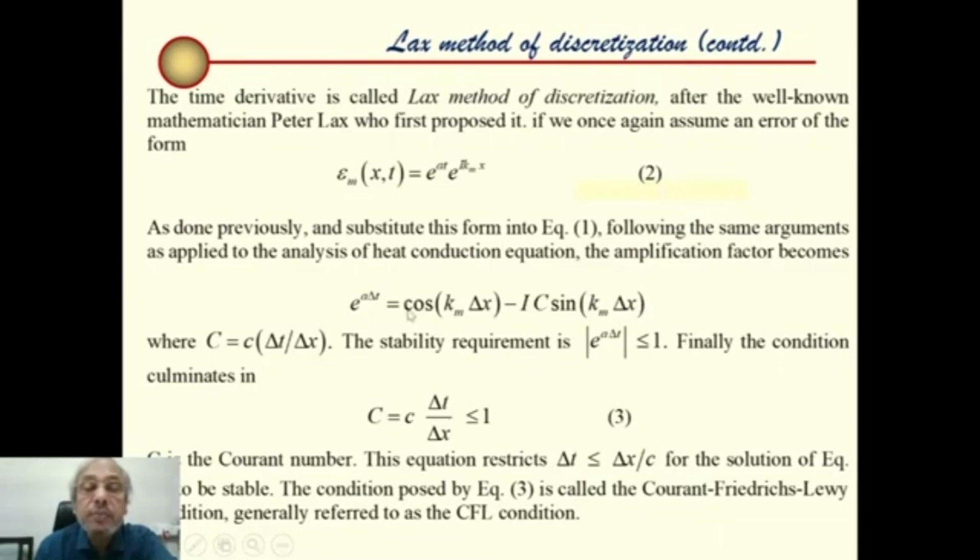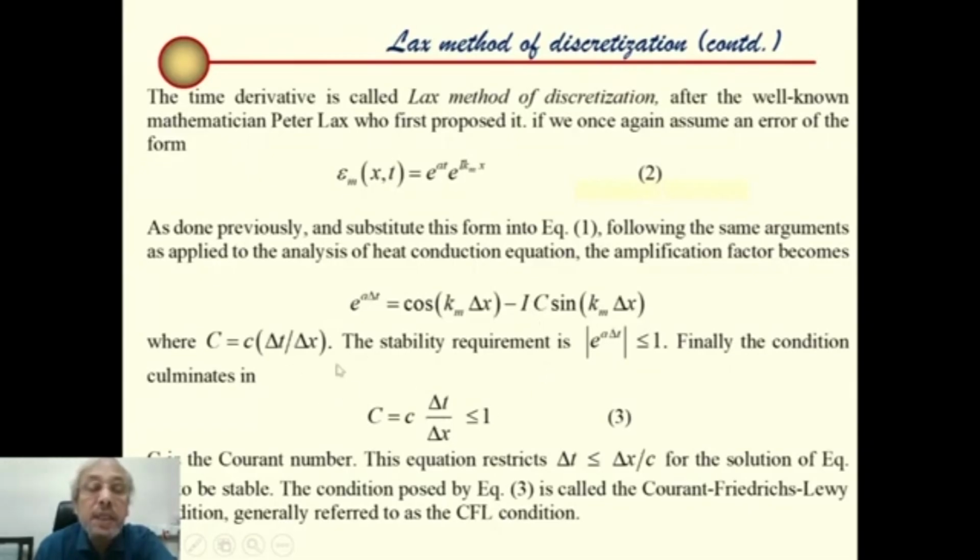The modulus of this is the square root of cos²θ + C² sin²θ. From there, we try to get the simplification done.